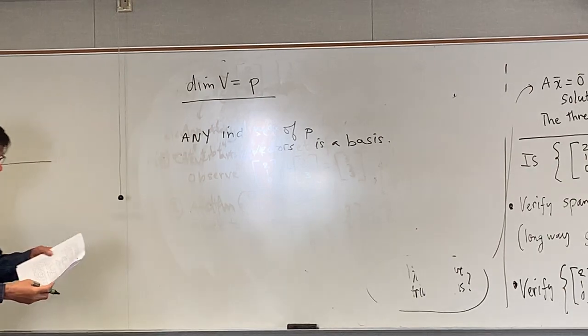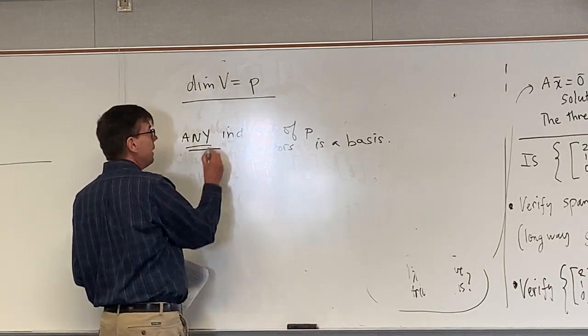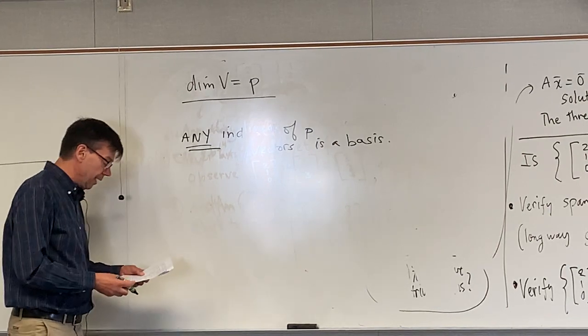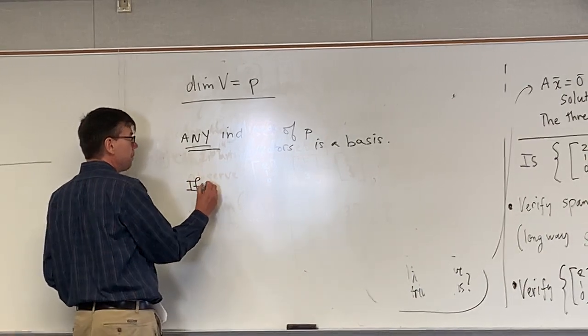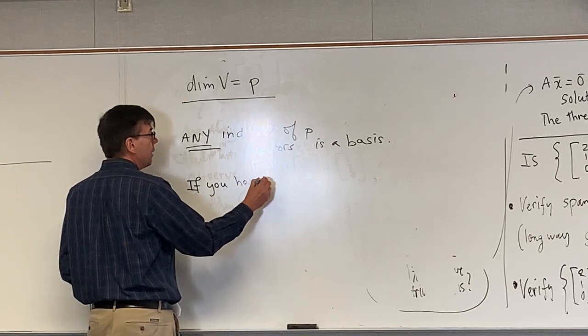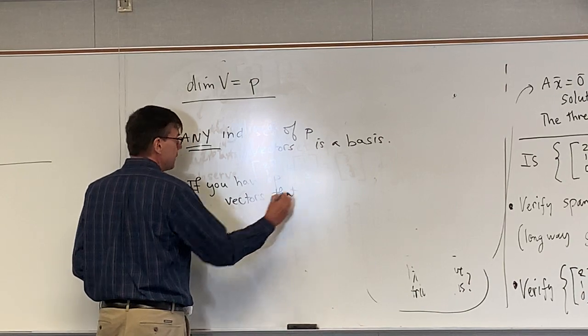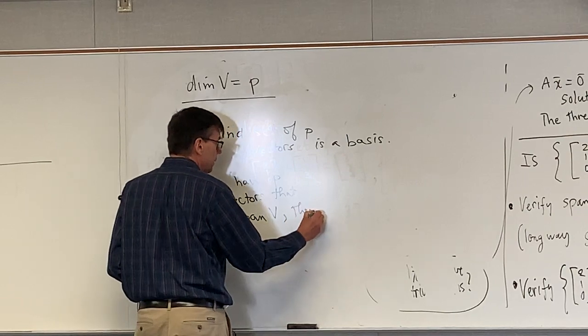In my crazy graphic on the handout, that's really part A. If you have P elements that are linearly independent, that automatically is a basis. So any independent set of P vectors is a basis. And the other part of that theorem is if you have P vectors that span V, then they are a basis.